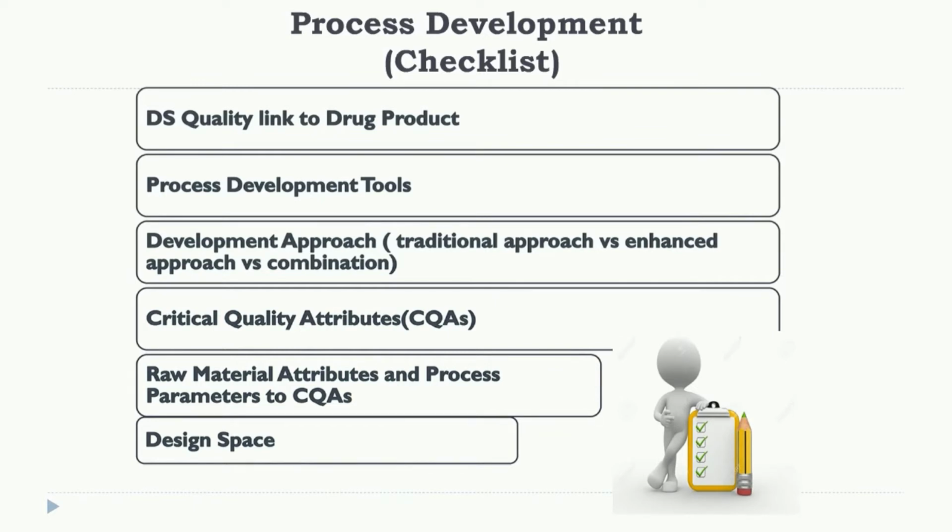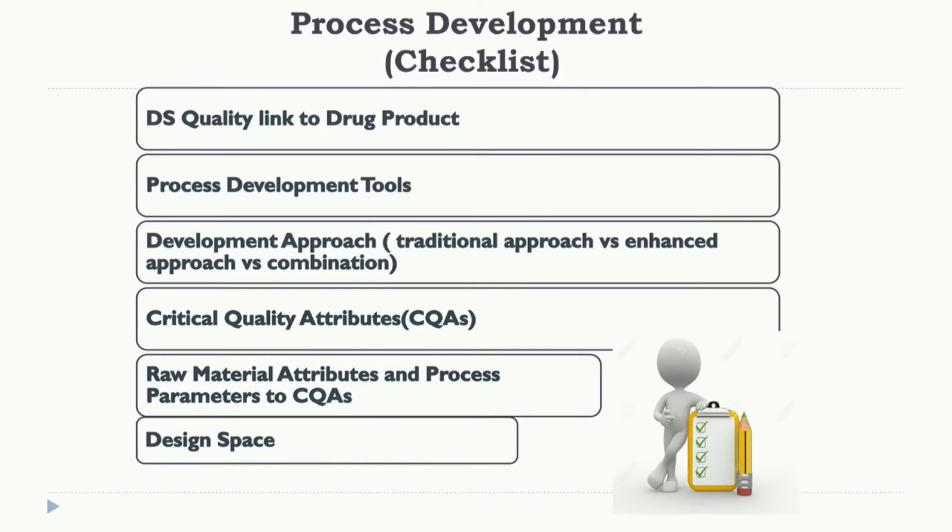QbD, process analytical technologies, design of experiments. What should be our development approach? The traditional approach, which we are utilizing now, the enhanced approach, the QbD-based approach, and a combination approach where QbD plus traditional approach we combine and make it more effective and impactful.